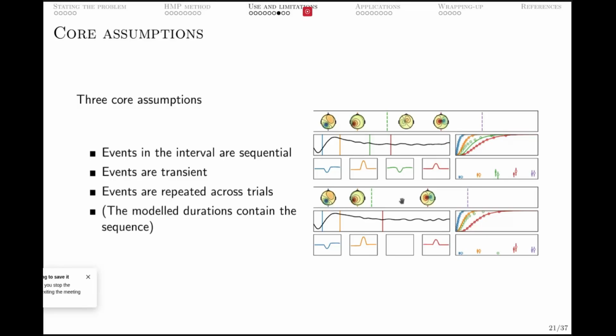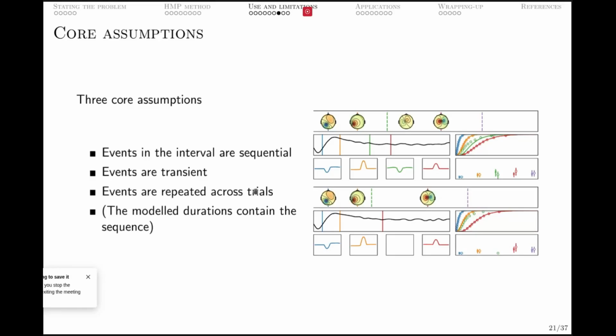The final one, I actually added because a lot of people are asking me about that, but this is not a separate assumption, right? The idea is that the duration that you're modeling, for example reaction time, contains the sequence, but it's actually related to the fact that we expect the events to be repeated across trials. So if instead of taking the reaction time, you would take a fixed length epoch, you have two problems.